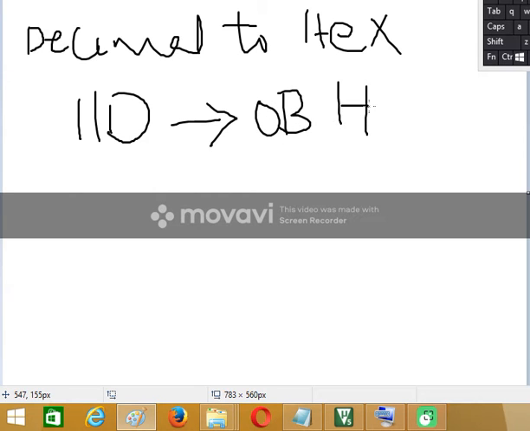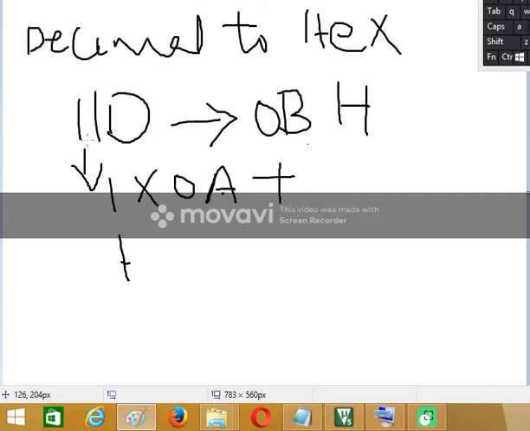How will you get this? Separate this number into the tens place and the units place. The tens place you multiply with 0A. For the units place you don't have to do anything. Just add. Here ADD only, no OR operation. 0A plus 1 is 0B. This is how you have to get it.